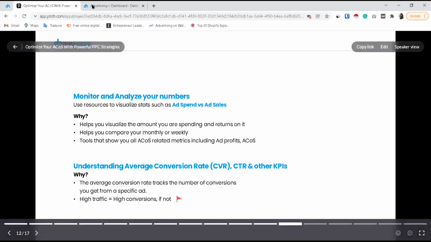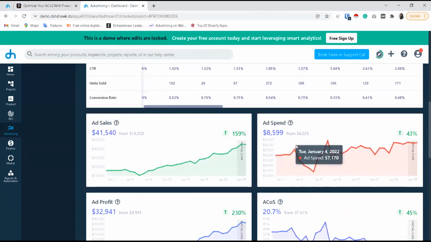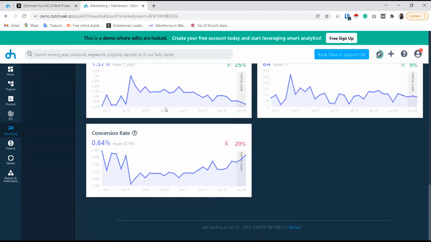So if we go back to this dashboard and you see all of these different metrics, we scroll to conversion rate. This is the particular graph I'm talking about right now. This tool helps you see a conversion rate, which will help you understand whether the customer who sees your ad is actually buying. After this, the convincing is usually done by the product detail page, right?